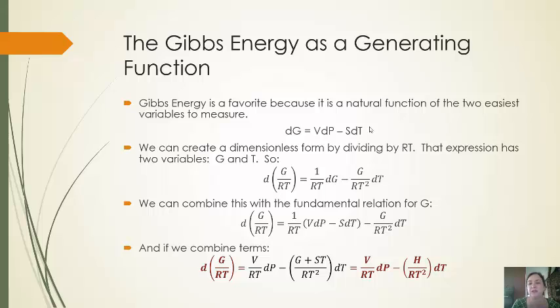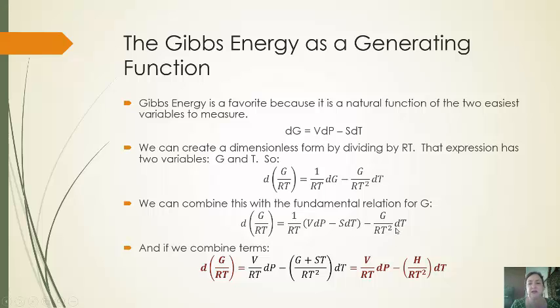I get 1 over RT dG minus G over R derivative of 1 over T, which is dT over T squared. Now if I use this plus the fundamental relation here, I end up with 1 over RT times VdP minus SdT minus G over RT squared dT, which gets us this.